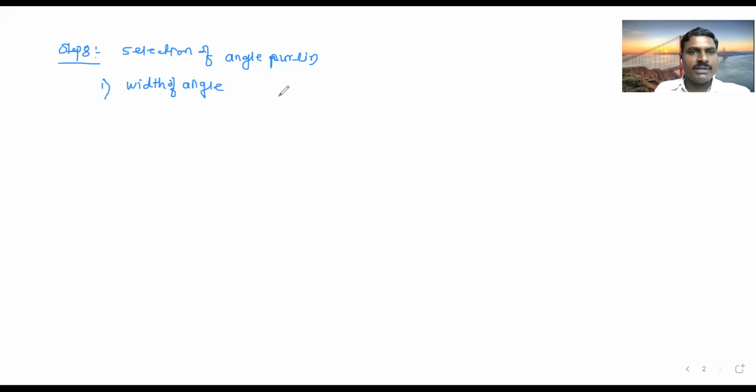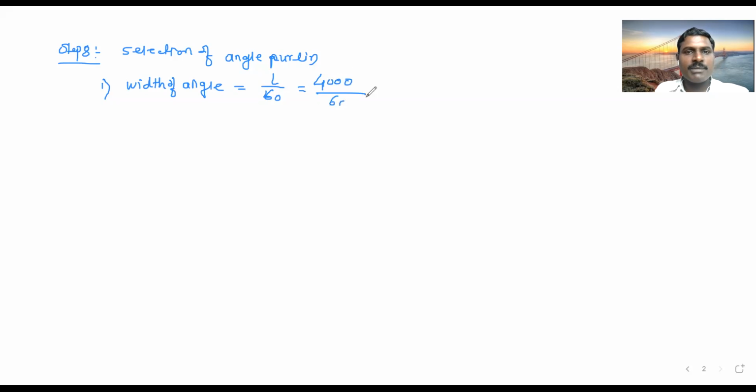So width of angle is equal to L by 60. Correct? So L by 60. L is the spacing of truss, correct? So spacing is 4,000 because 4 meters is there.